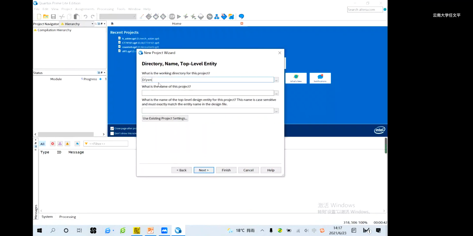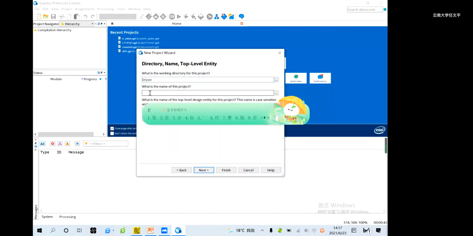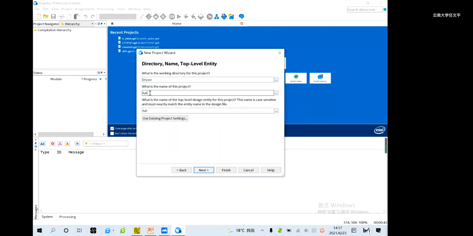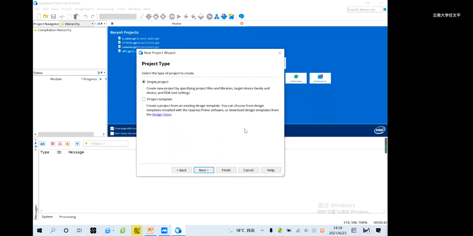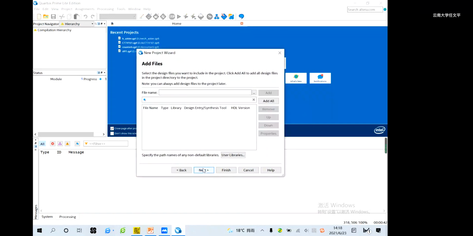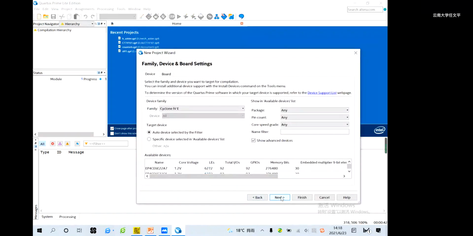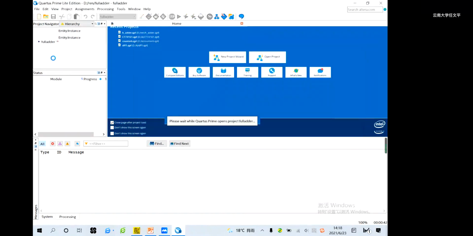The new project, I will put in this folder, the same folder. Yes. Next. Finish.